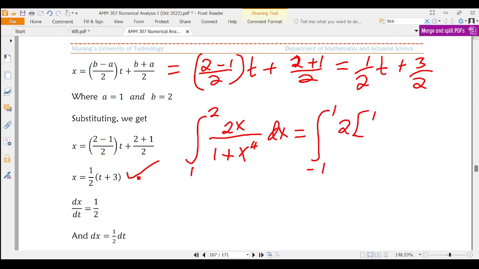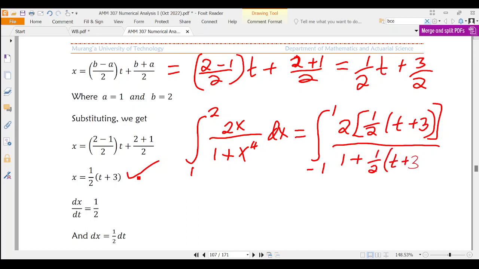So we shall write 1 over 2 into t plus 3 as our x. Same in the denominator, 1 plus 1 over 2 into t plus 3. That is our x, so we shall raise this to the power of 4.